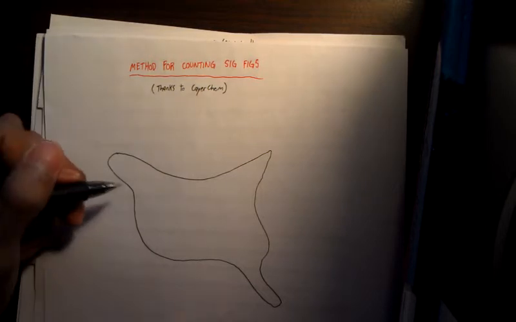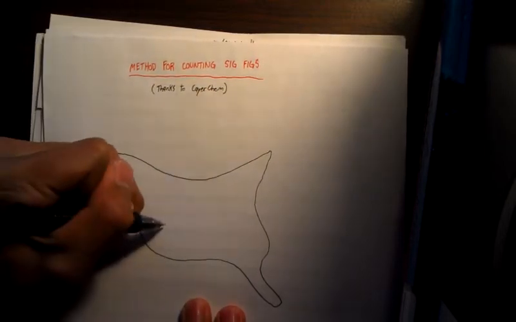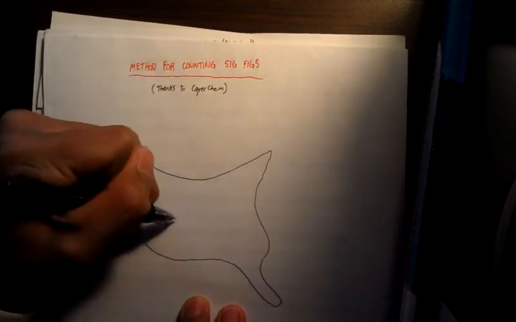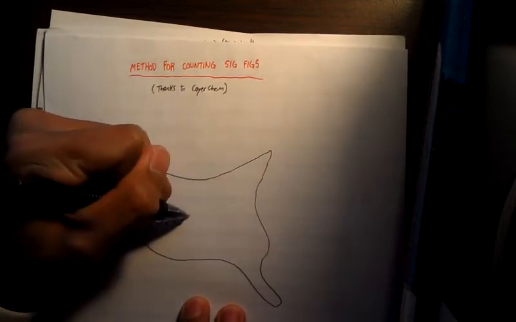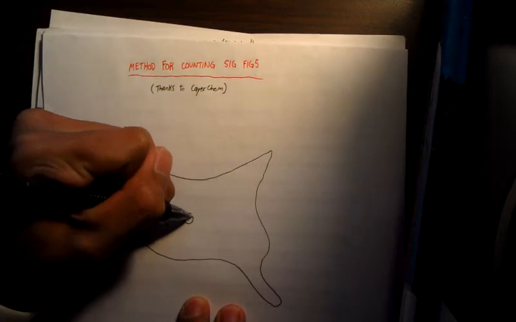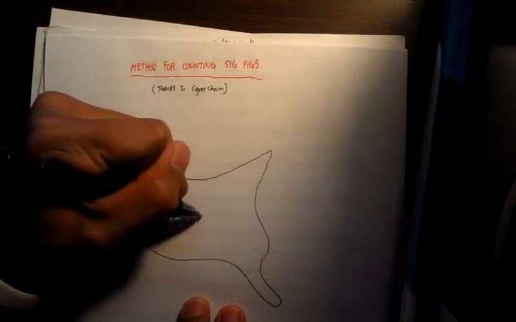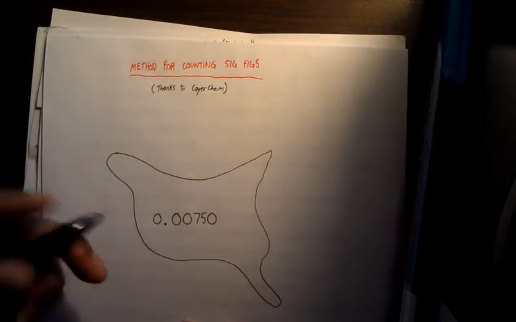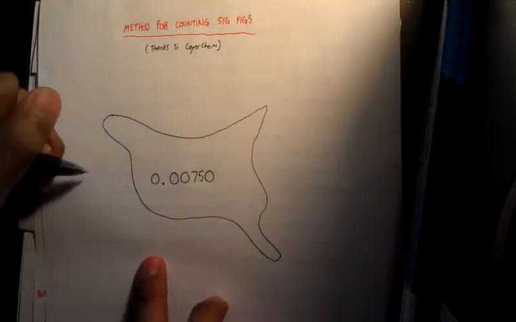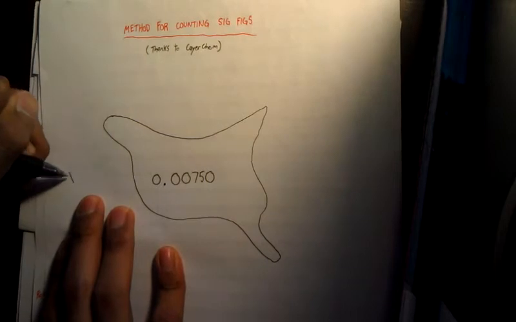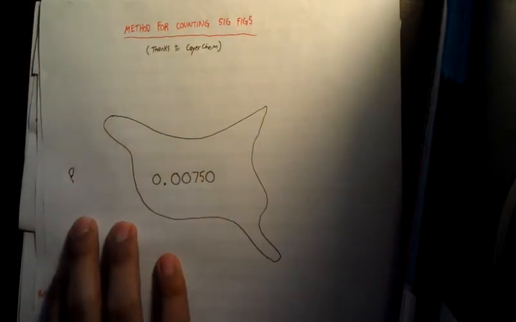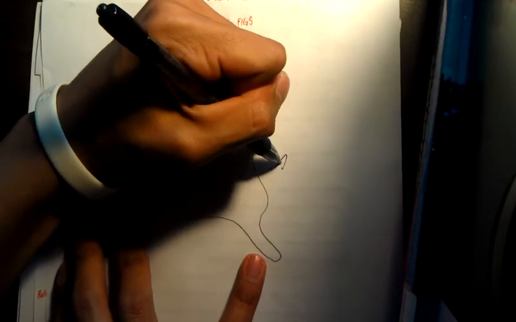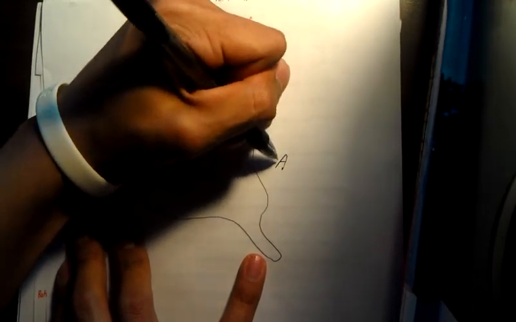I don't know what that is, but say your number is 0.00750. Well, on the left side of the United States is the Pacific Ocean, so P for Pacific, and on the right of the United States is the Atlantic Ocean, A for Atlantic.